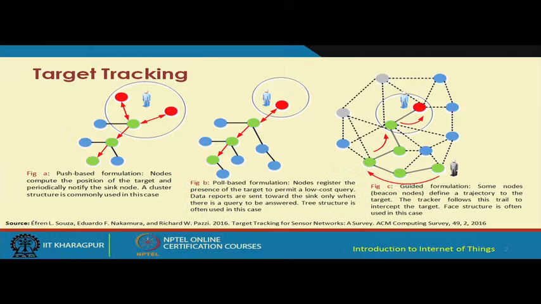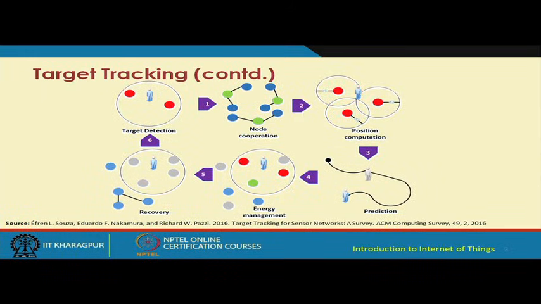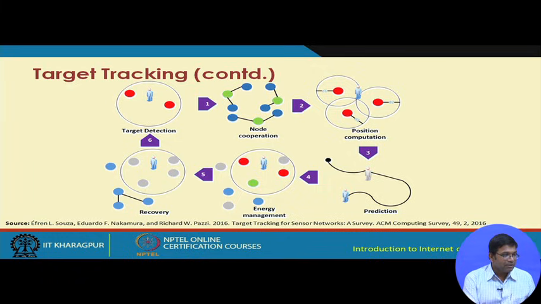Okay. So, now let us move to the second slide, where we have to understand how this target tracking basically functions. So, first let us say that we have different sensor nodes. These sensor nodes have an object close to them, in their sensing range.